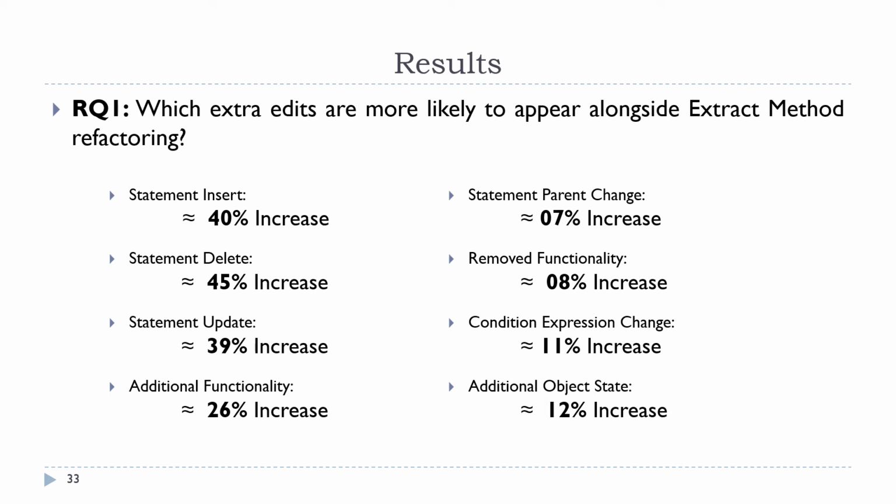This means, for instance, that in the real world there are 26% more chances of an extra new method to appear alongside an extract method. There are also 40% more chances of a new statement to be introduced, 45% of a statement to be removed, 39% of a statement to be updated, and so on.